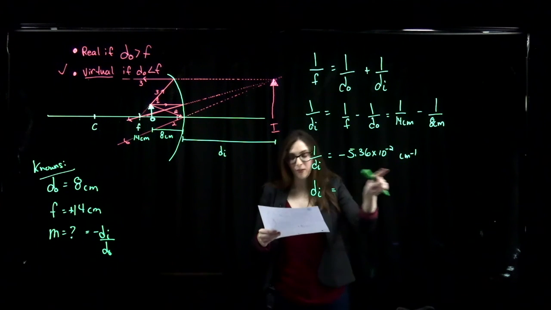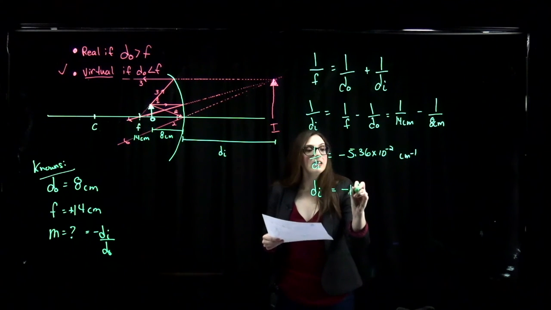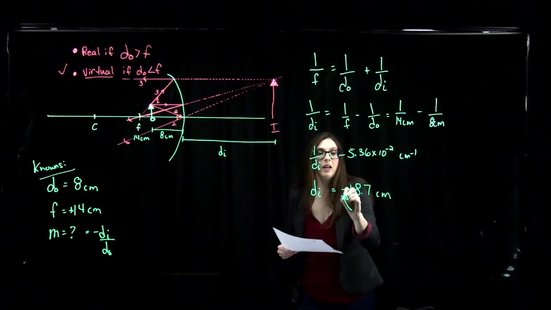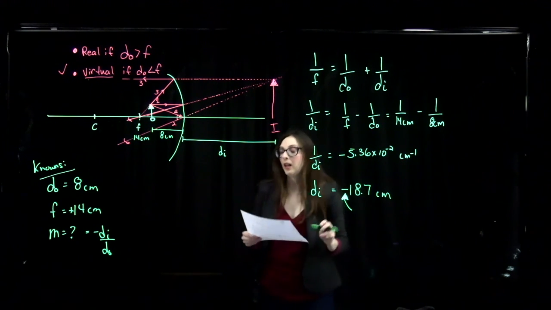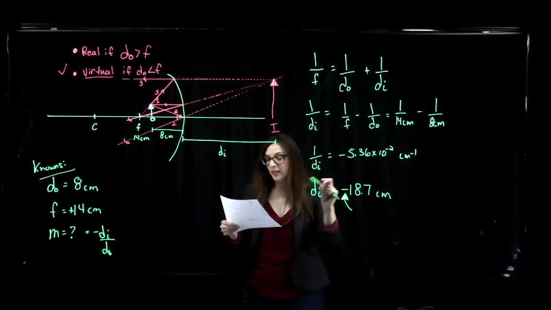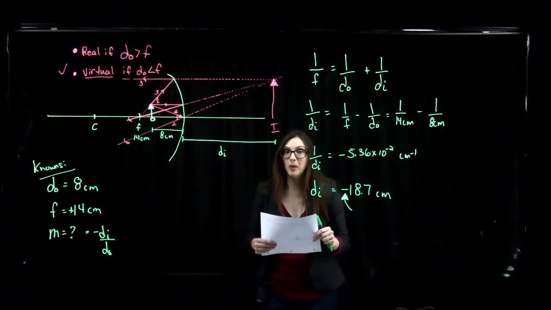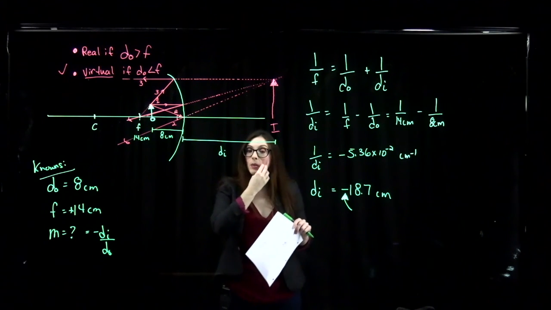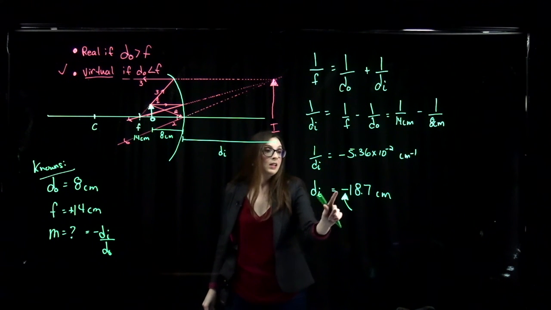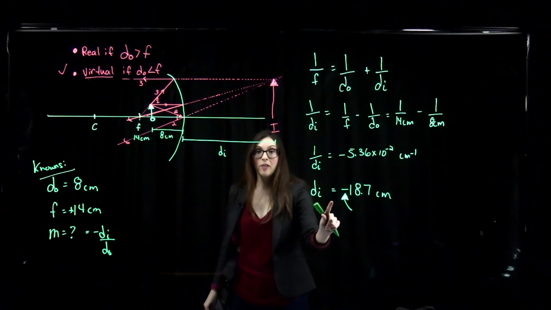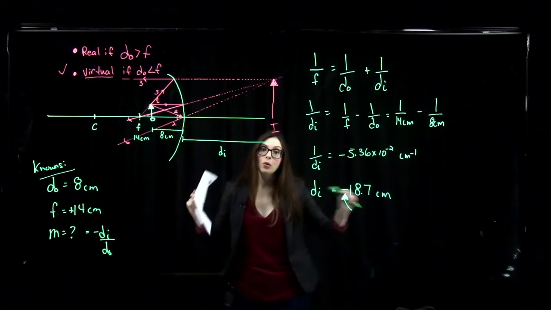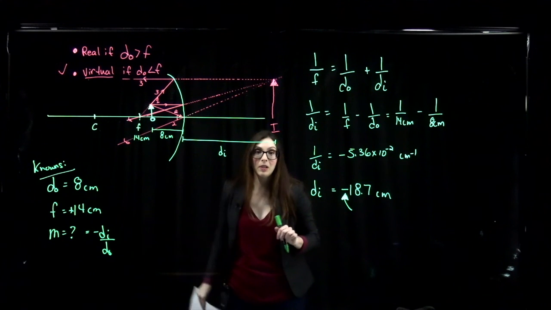And so if I do 1 over this number, I get minus 18.7 centimeters is the distance my image is away from my mirror. And this minus sign means for a mirror, we're on the opposite side of the mirror, so we have a virtual image. And that is exactly what we have here. Remember, this is the opposite convention for thin lenses. For thin lenses, if di, the distance our image is away from the lens, is negative, then our image is on the same side as the object. So the rules for that are flipped for mirrors.